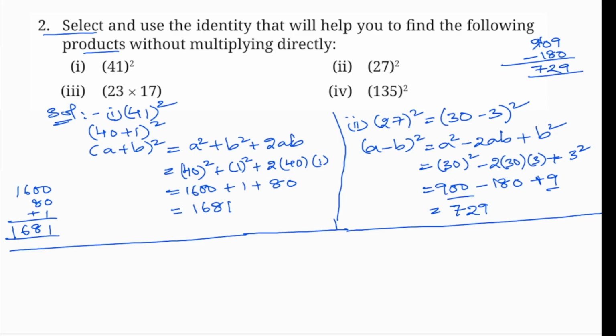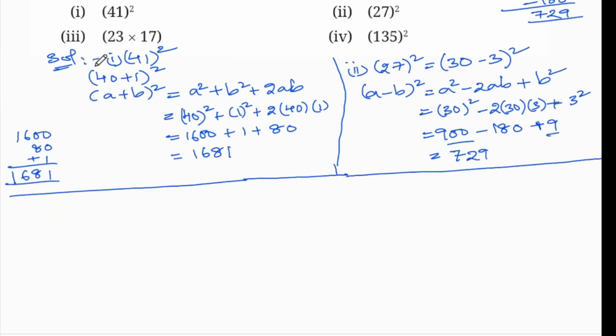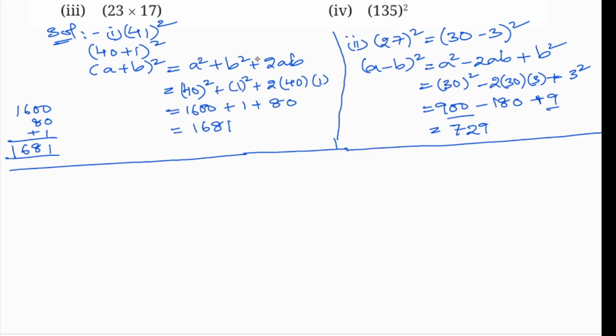Now let us solve the third bit. 23 into 17. This can be written as (20 plus 3) into (20 minus 3).